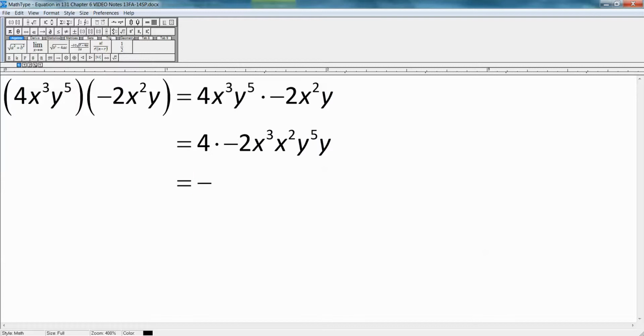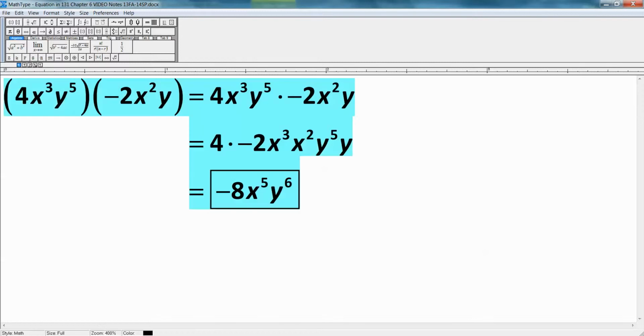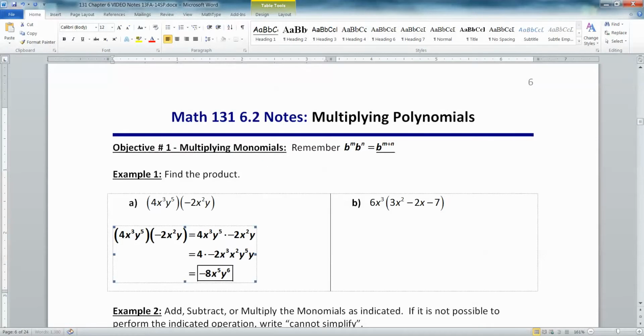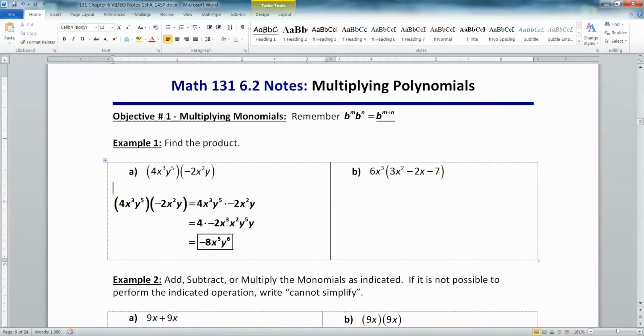So that's negative 8, x to the, but the rule says you have to add these two powers, so that's 5. y to the, now there's 5 here, and you don't see anything on this one, which must mean it's a 1, right? And 5 plus 1 makes 6. So we have negative 8x to the 5th y to the 6th.